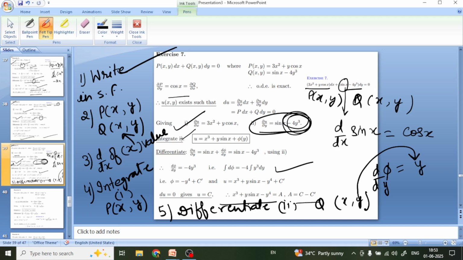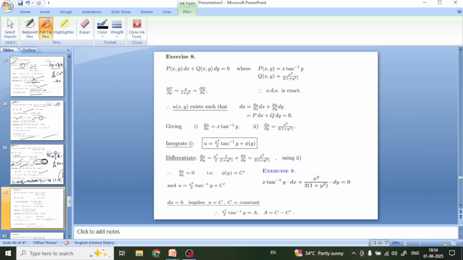Okay, and after that you have to find its integration, and after that you should keep in mind that phi is equal to its integration written here plus c double dash, and you should write u is equal to this answer, and then u's value should be equal to a, and a is equal to c minus c dash. These are the steps.